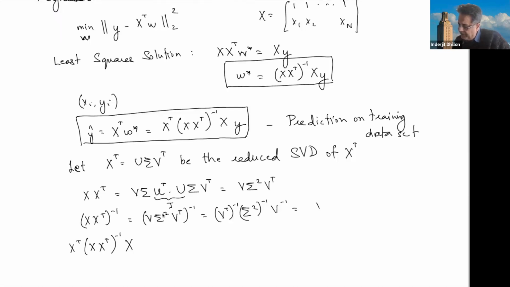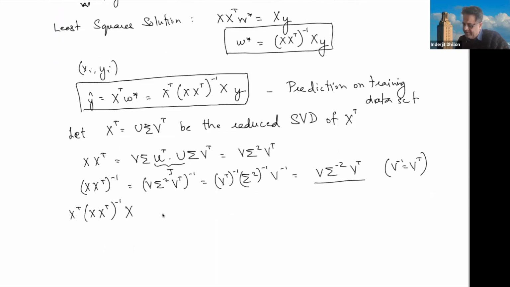So this is equal to V sigma minus 2 V transpose, because V inverse is equal to V transpose. V inverse V equal to I, V transpose V equal to I, so V inverse is equal to V transpose. So I actually have a nice formula for the inverse of XX transpose.